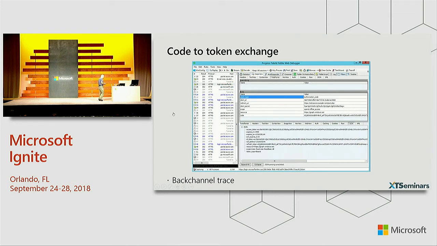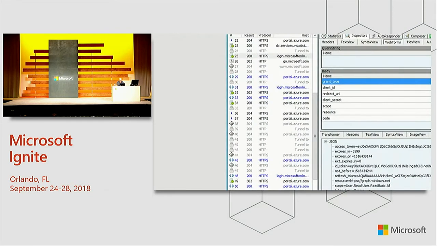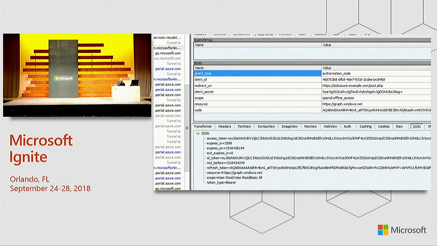So the code to token exchange, let me just make that bigger again. The code to token exchange here is what we're going to ask for: it's authorization code, supplying a client ID, a redirect URI, just as before getting the ID token, a client secret this time, because what we're going up to and saying, hey, I've got this code, this is my ID, this is my password, give me back an access token.